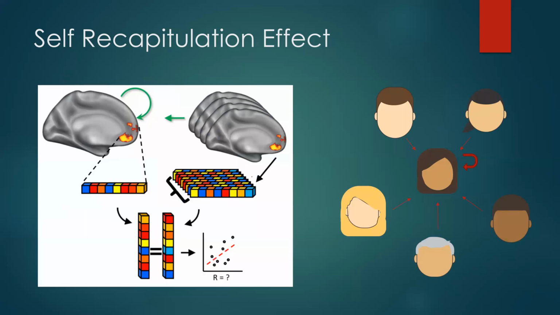What he found was a high degree of similarity between the representation that I have of myself and the collective representation that my group has of me. This was a neural finding very similar to some traditional social psychology findings that show that our group members are collectively really good at predicting our personality traits. So this was a really interesting way of showing at a cognitive level that our self-representation is recapitulated in the minds of our peers.